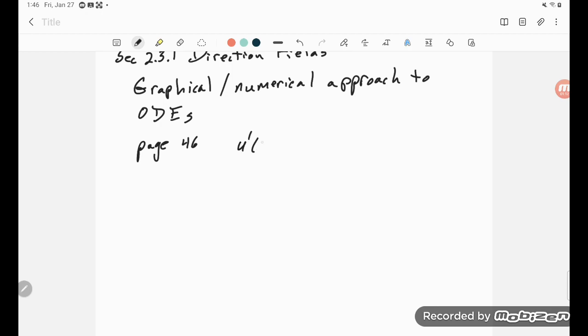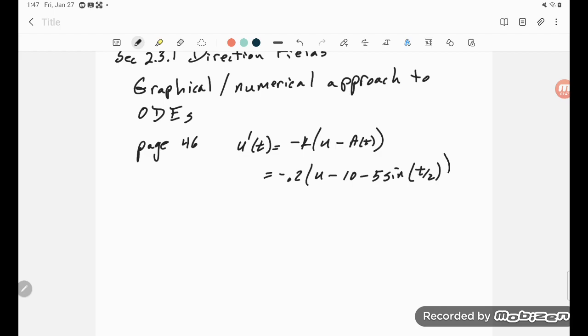They say u prime of t is equal to minus k times u minus a of t. Okay, now they tell us k is 0.2 and a is a function that they give us, so this is minus 0.2 times u minus 10 minus 5 sine of t over 2.